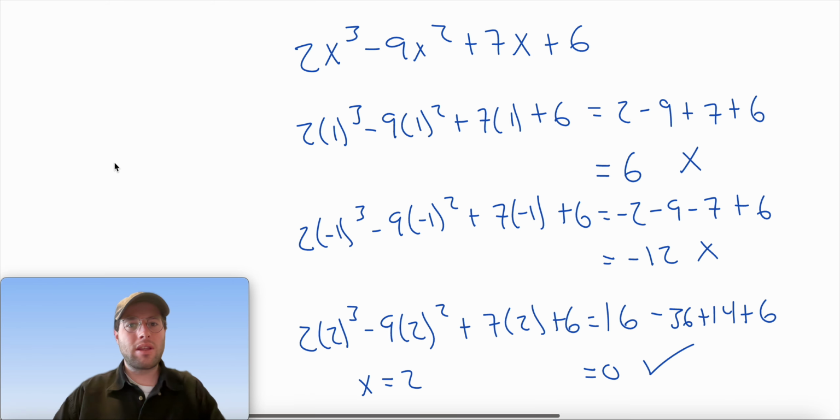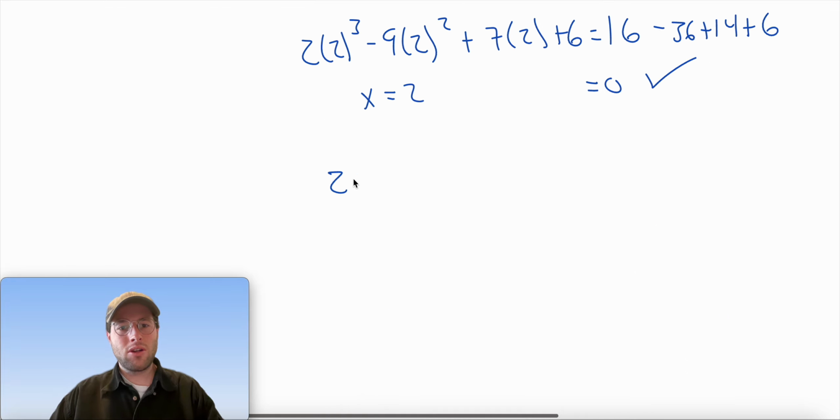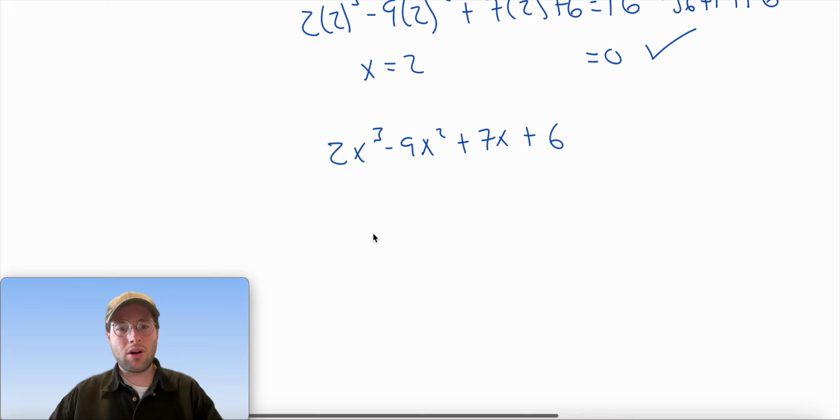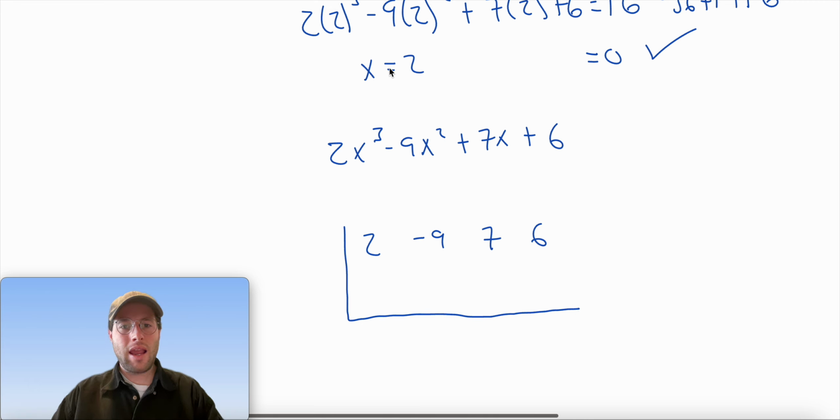So 2x cubed minus 9x squared plus 7x plus 6. The coefficients are 2, negative 9, 7, and 6. Draw out the little synthetic division bracket. And 2, so that means I'm going to write the 2 out here.